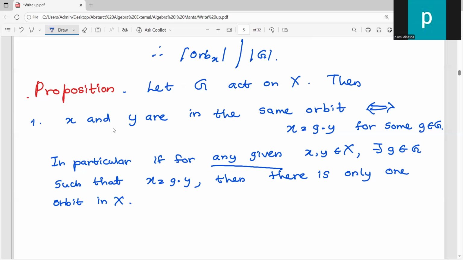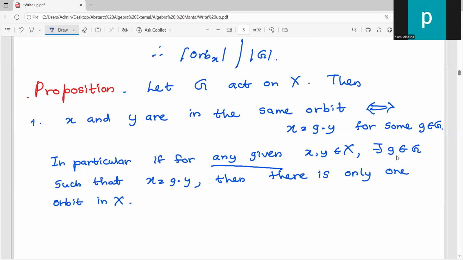Over here, we are picking a certain x and a particular y. For those two to be in the same orbit, we only need one g satisfying this equation. And if for any given, you take any two elements in X, any two distinct or identical elements, doesn't really matter, if you can find at least one g satisfying this, then that means every element must be in the same orbit, right?